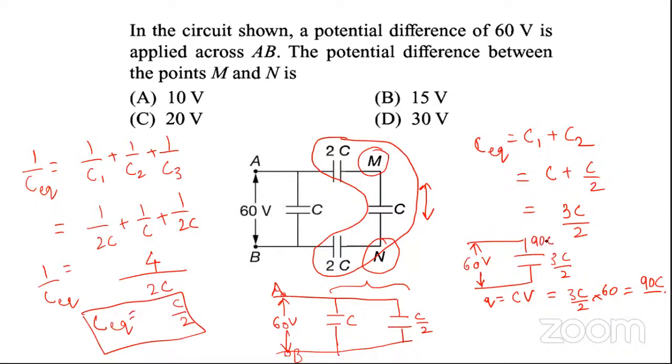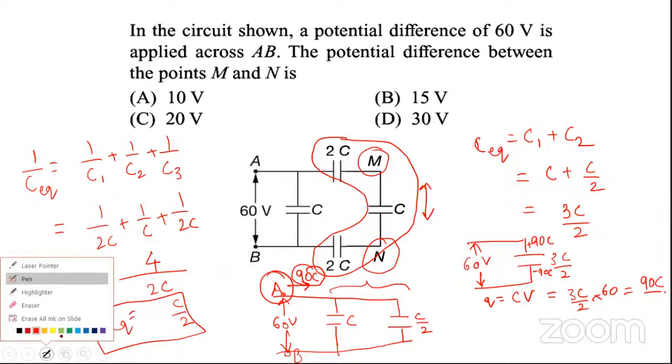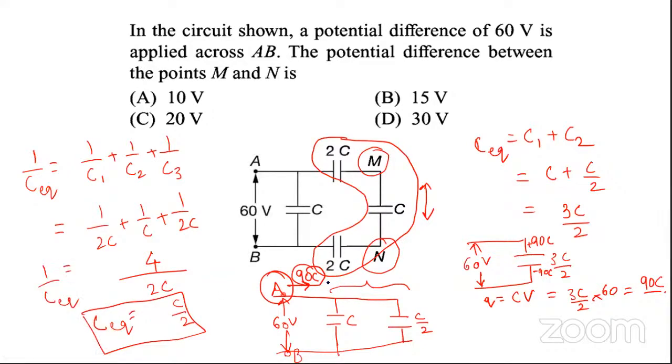So plus and minus 90C has been developed on this capacitor. That means this A over here has given out a total of 90C charge. Now this 90C charge gets distributed in this and this.